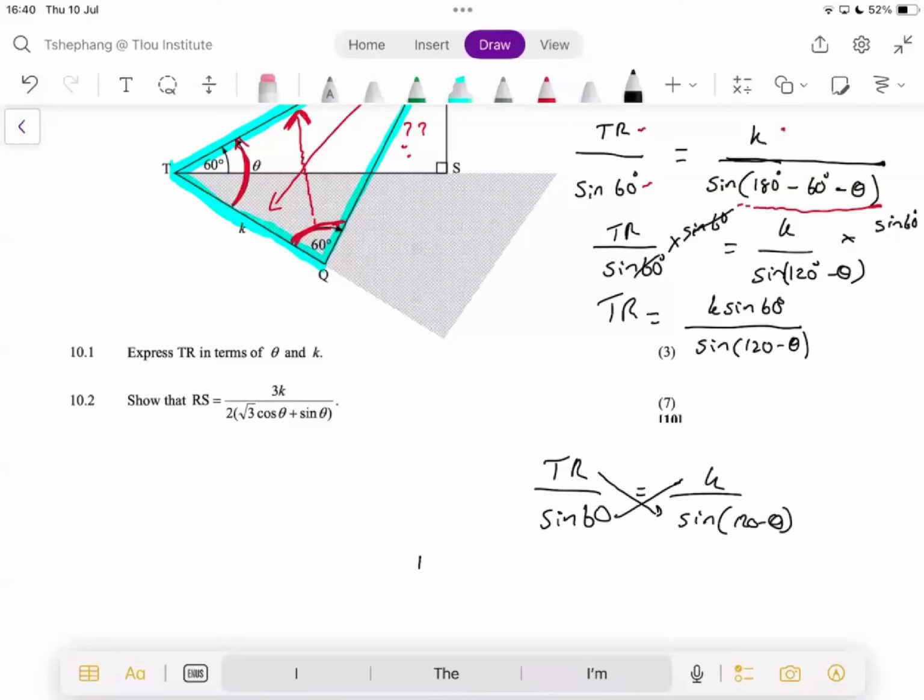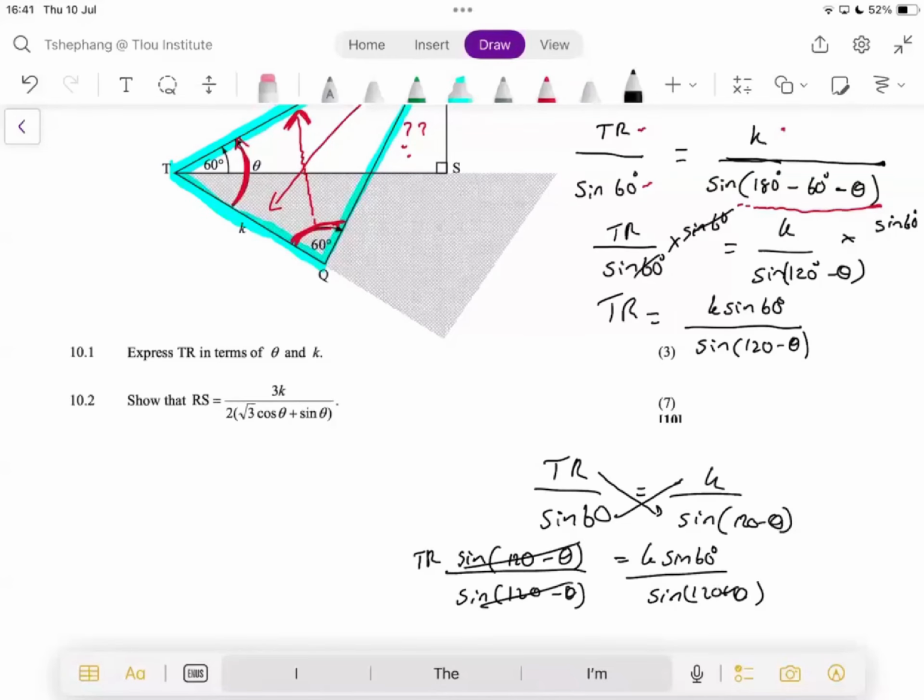What are you going to have? TR sine of 120, not 12 theta, but 120 minus theta is equal to K sine of 60. And then you divide both sides by sine of 120 minus theta, where these two cancel each other out. I'm hoping it's clear for everyone.